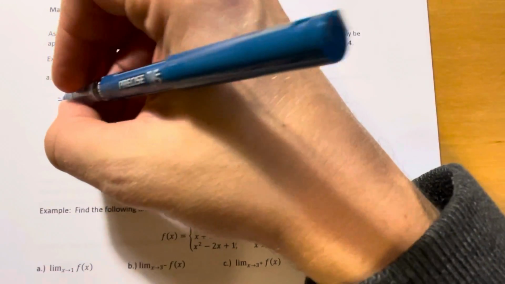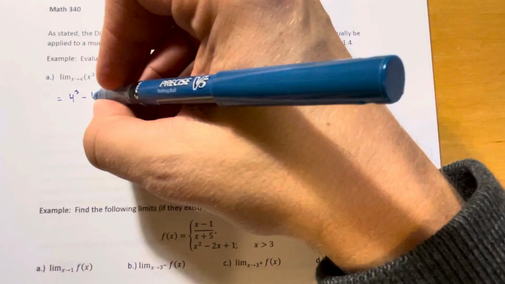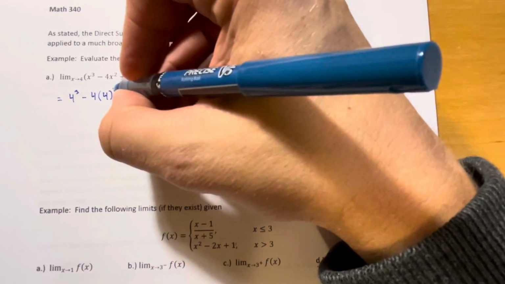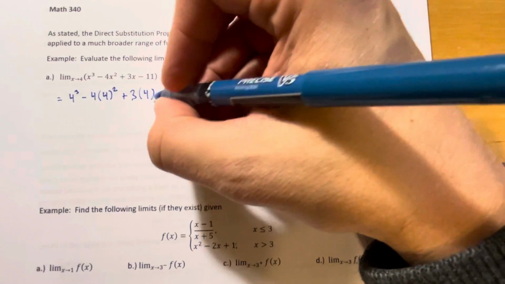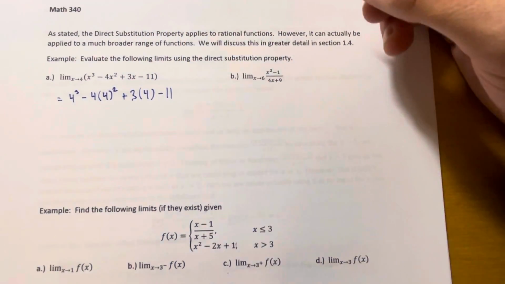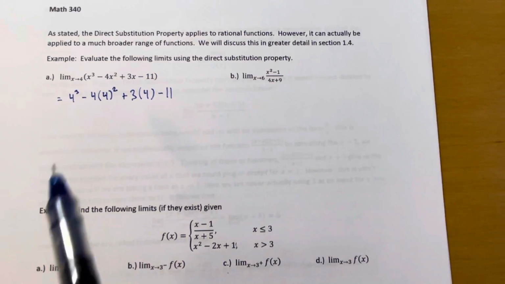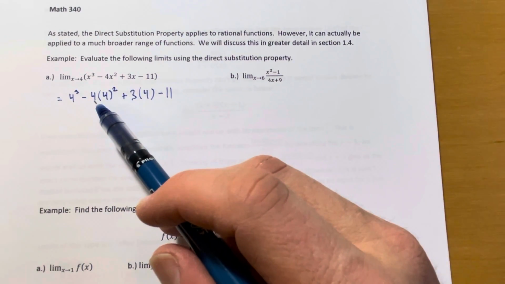So that limit is going to equal 4 cubed minus 4x squared, I can write this way, 4 squared plus 3 times 4 minus 11. Okay, and now it's just arithmetic. You could go right into a calculator, but I want to point out something that might help you as kind of a shortcut. Here I have 4 cubed, and here I have 4 squared, but then times another 4.